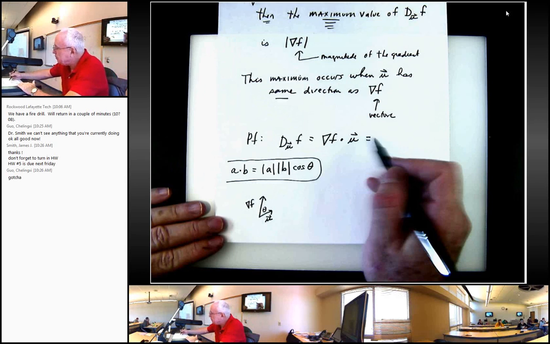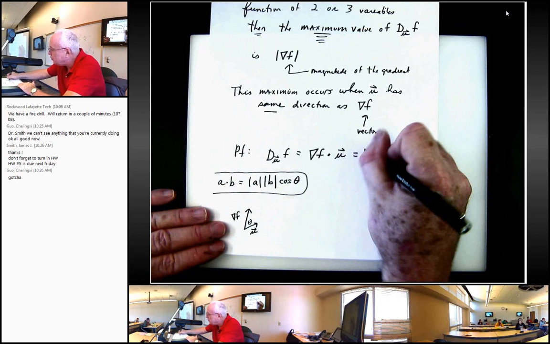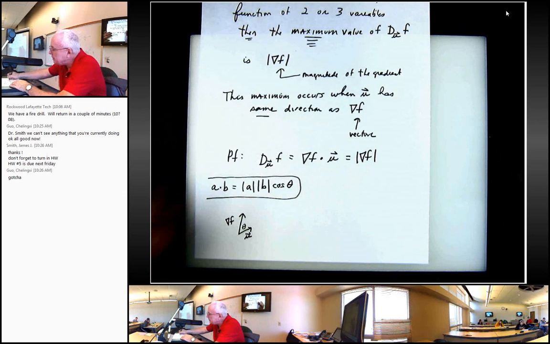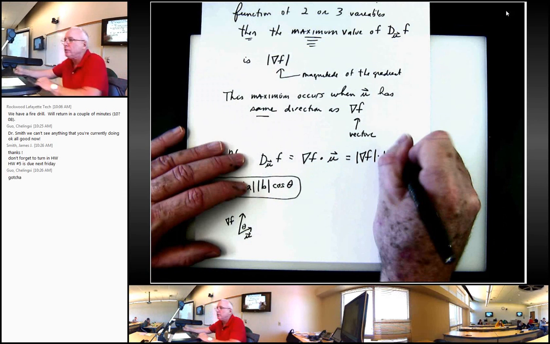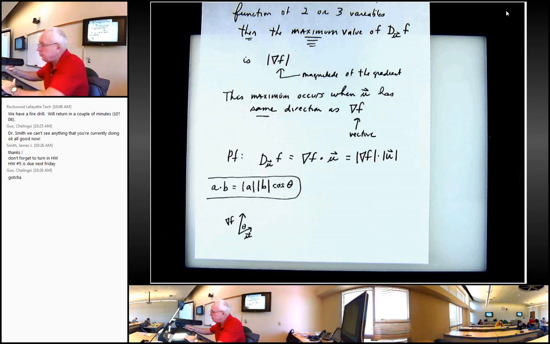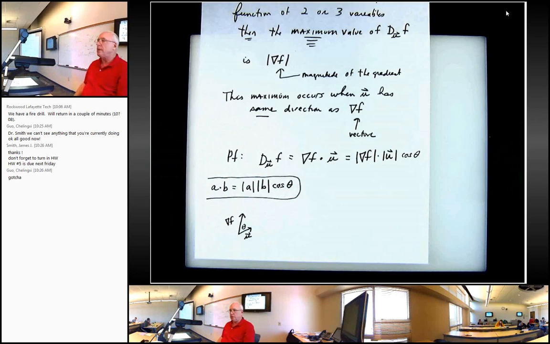Now, the dot product here is going to be the magnitude of the gradient, so I'm putting the absolute values there, times the magnitude of the unit vector, but that's just going to be a 1 because it's a unit vector, times the cosine of the angle between the two vectors.